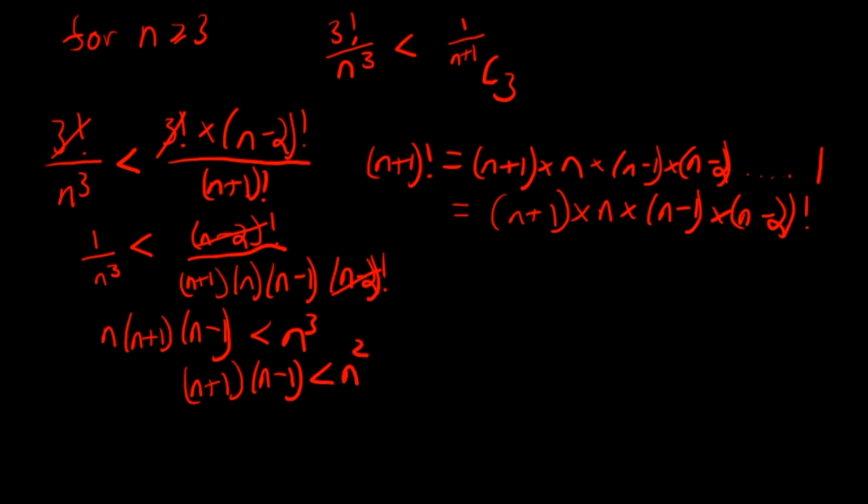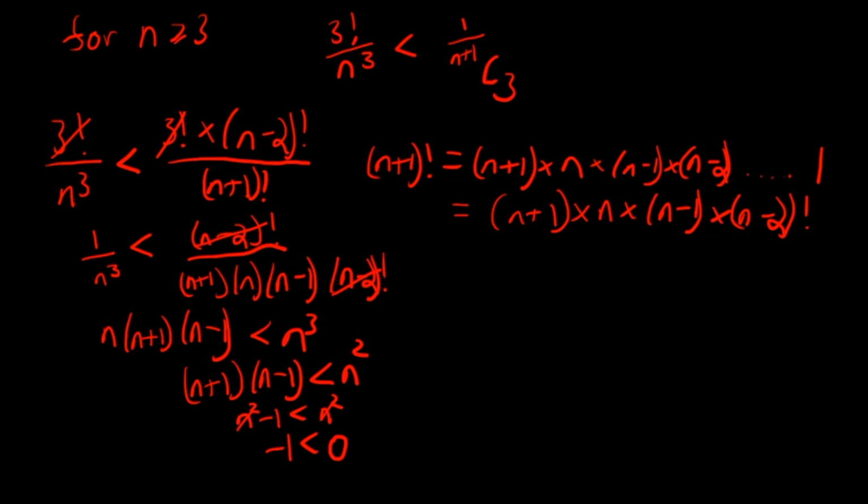And so expanding the left hand side by difference of 2 squares will give us n squared minus 1 is less than n squared. And so taking away n squared from both sides will give us minus 1 is less than 0. And clearly this is always true. Minus 1 is always less than 0.